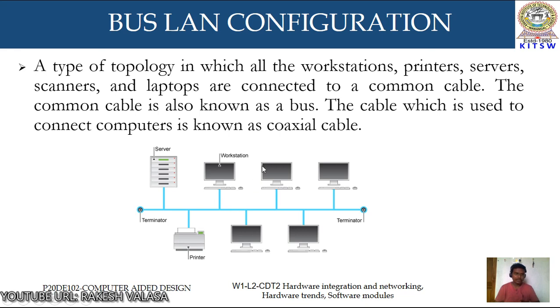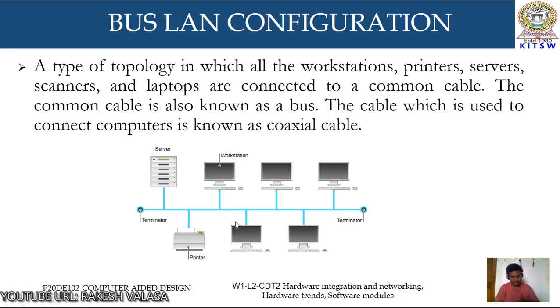When data is sent from any computer, for example, this computer sends the data to another computer, it is broadcast to all the computers. The data contains the MAC address also. So when data reaches the destination computer, if the MAC address matches, then the data is received.